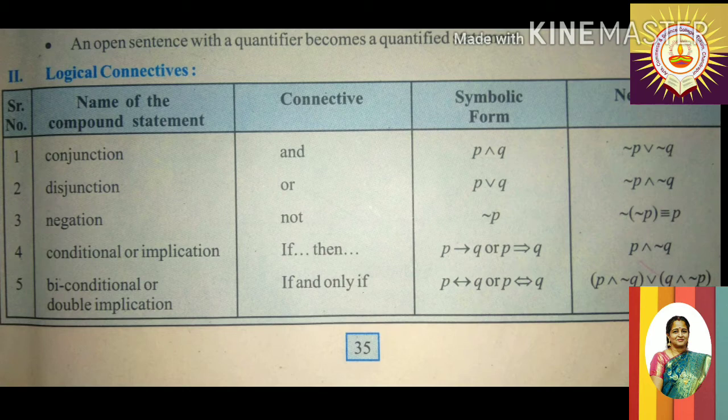There are two De Morgan's laws for conjunction and disjunction. Similarly, for the negation of disjunction statement, we get negation P and negation Q.